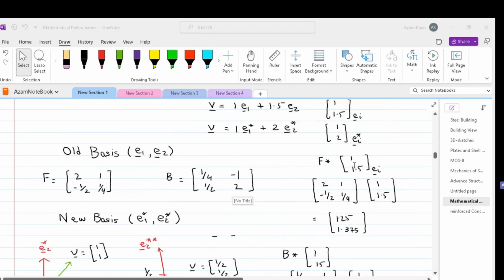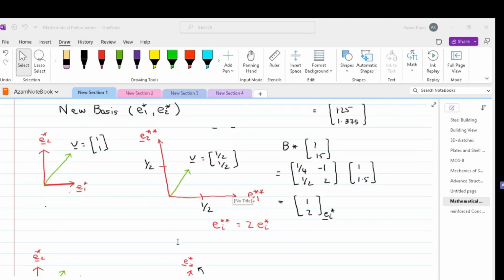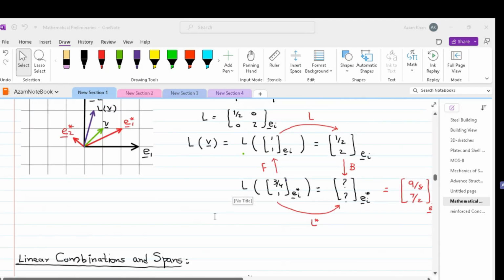In the case of a vector, we would multiply just either a forward or a backward transform to get it into the transformed space. In the case of a linear map, we have to multiply with the forward and the backward, so two transformations have to be done in order to change our linear map from the old basis to the new basis.